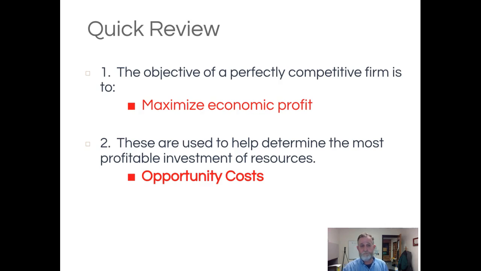So, quick review. The object of a perfectly competitive firm is to maximize profit. You will be asked this very soon. And these are used to help determine the most profitable investment of resources. That would be opportunity costs.